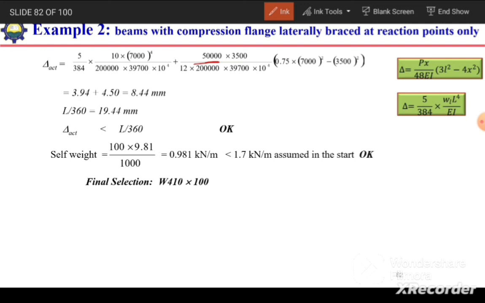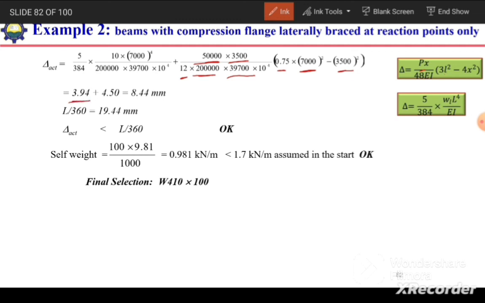So 50,000 into span x, this point load is acting at the center, so x will be 3.5, and divided by 12 times E times I, and here 0.75 means 3 divided by 4, and then span square minus x square, where x is the point at which the point load is acting.